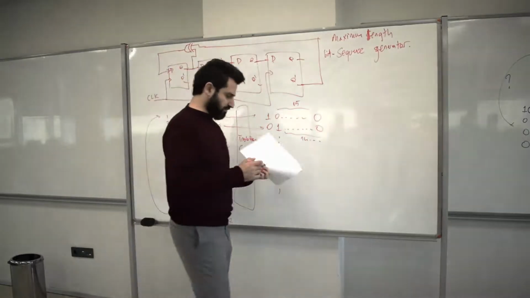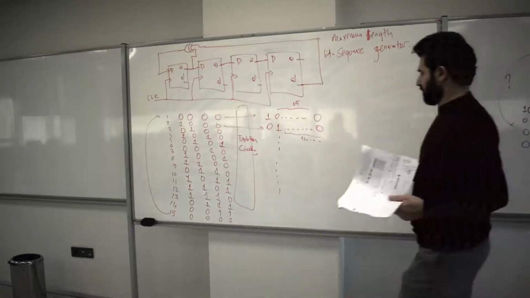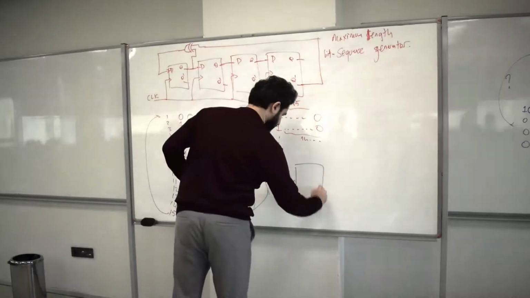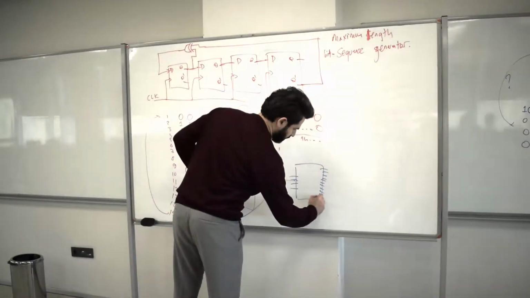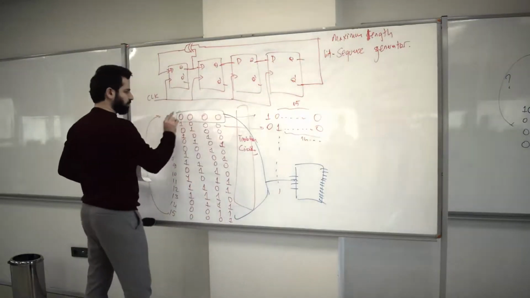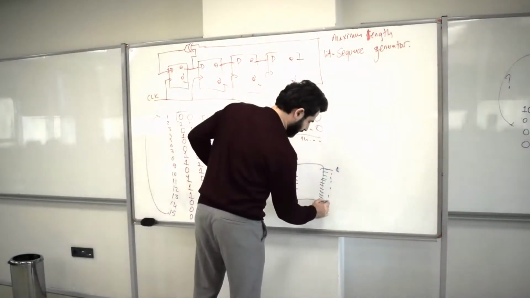So let me just give you a hint about how to do this. For example, let's just put this input to a decoder. So you got 4 inputs, right? And 16 outputs. Okay? So when you have 0, 0, 0, 0, that would actually create a 1 here and zeros here, all of them 0.